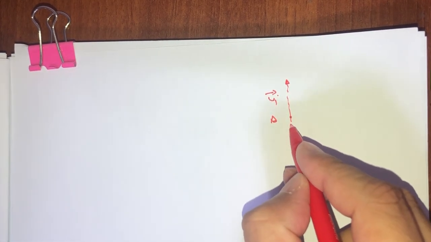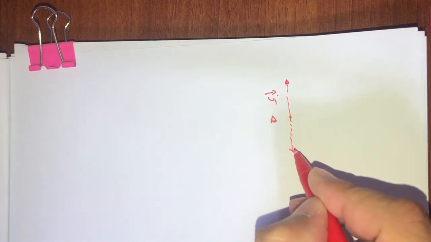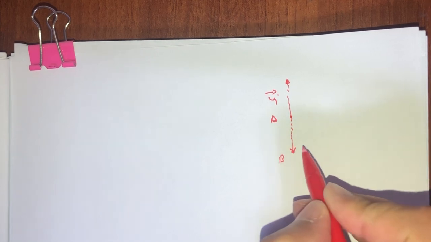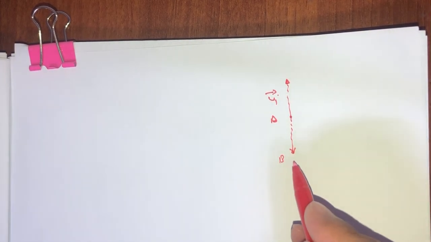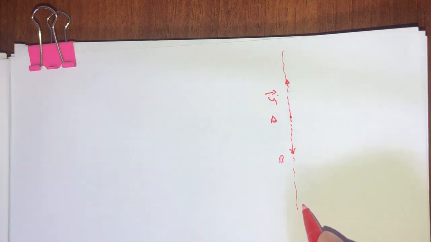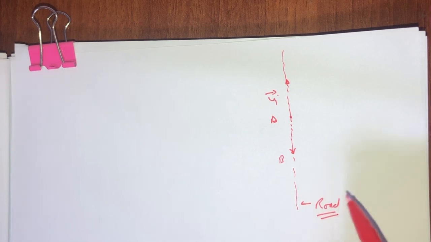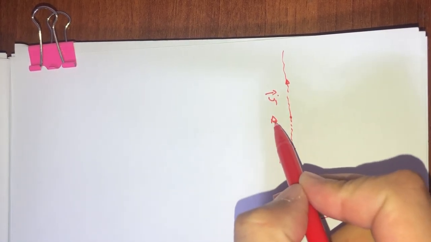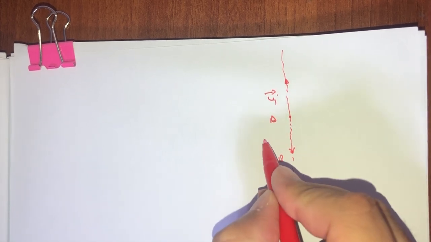Second vehicle is moving in this direction, and let us call this point as B, and this is the road extended up to, okay, so this is the road, and the second vehicle has a velocity v2.